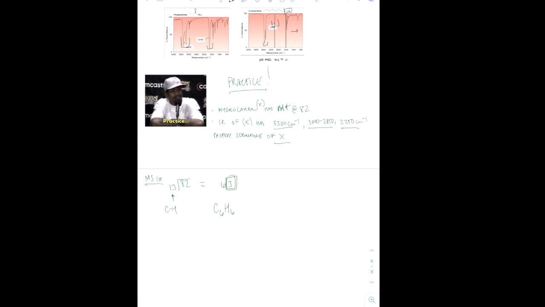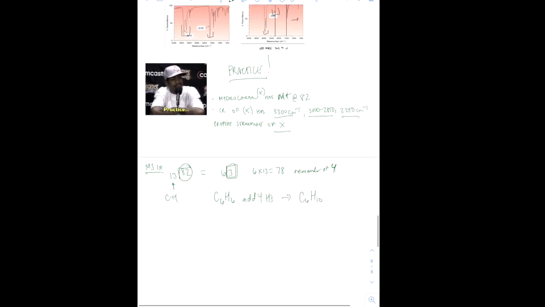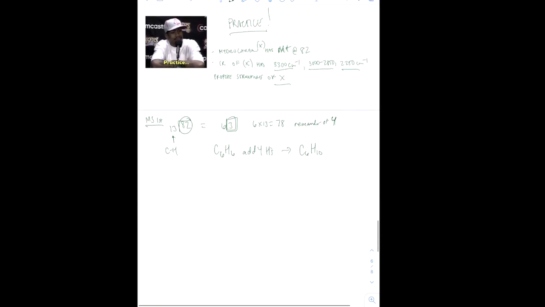So if you convert, 6 times 13 equals 78. And so that means we have a remainder of 4 units to get us to 82. And so we can add 4 hydrogens. And that goes to C6H10 for our proposed original structure.